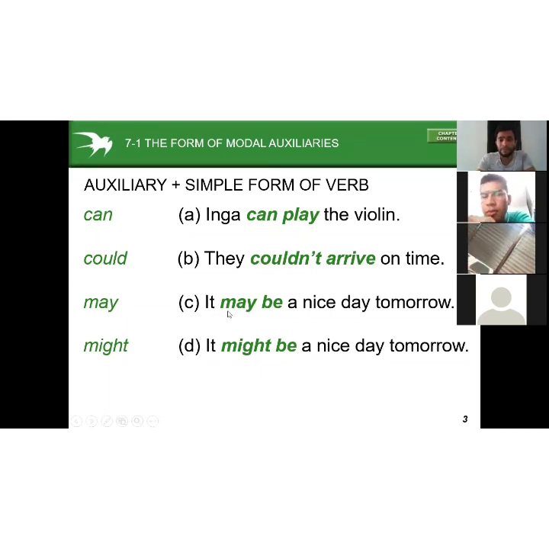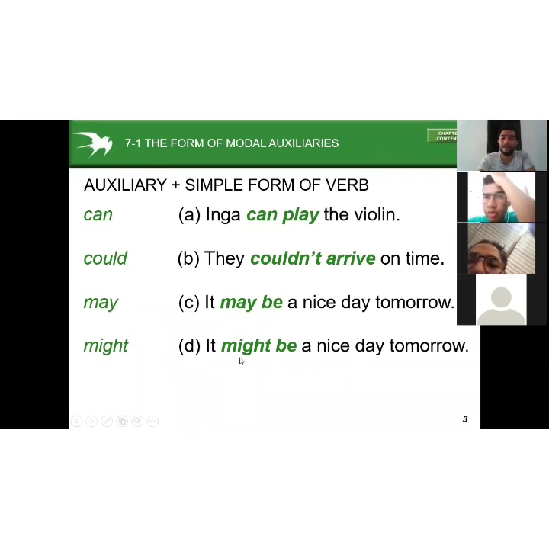Same thing with might, but there is a difference between them. Take a look at the example. The example is just the same. It might be a nice day tomorrow, and it may be a nice day tomorrow. What do you think is the difference, guys? What do you think is the difference between letter C and letter D?